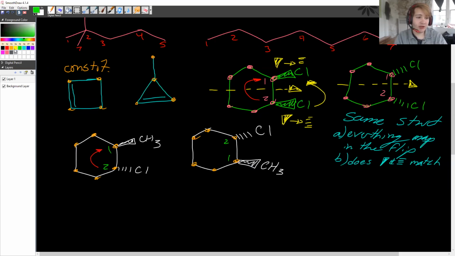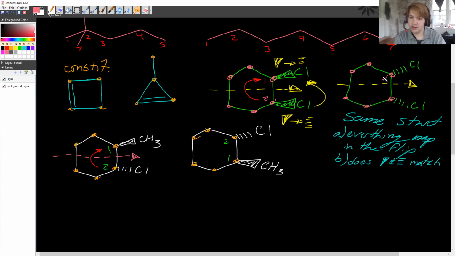So once again, I'm going to flip it along this axis. And when I do that, the chlorine should match up over to there, just like we talked about before. I should have labeled this correctly. This should be 2 and 1. My bad.